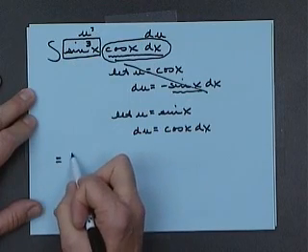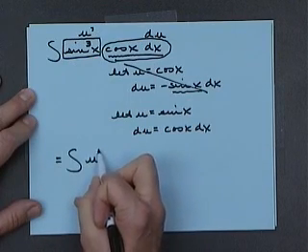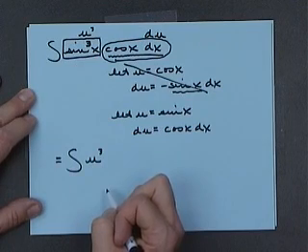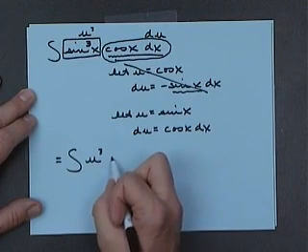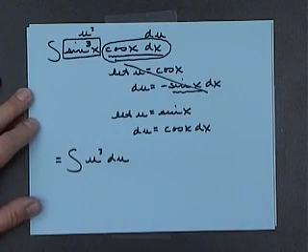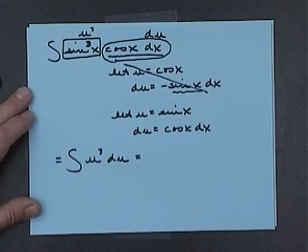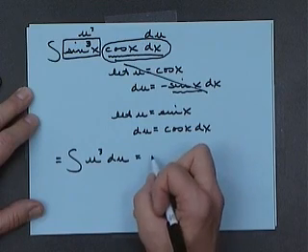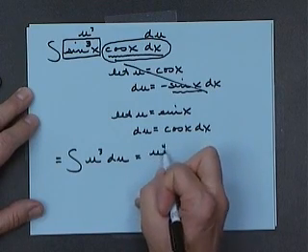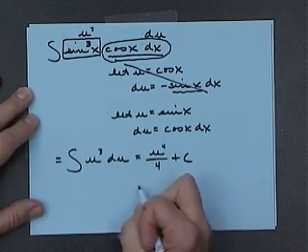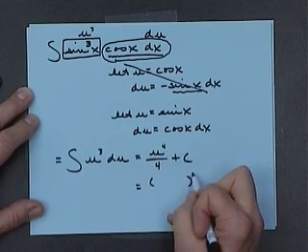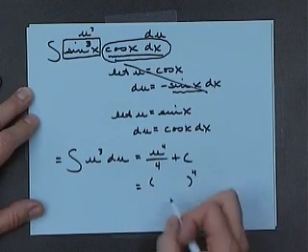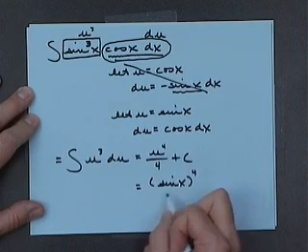So this problem is a more complicated looking version of u cubed du. What's the integral of u cubed du? U to the 4th over 4. And then where we had a u, we can replace it with sine of x.